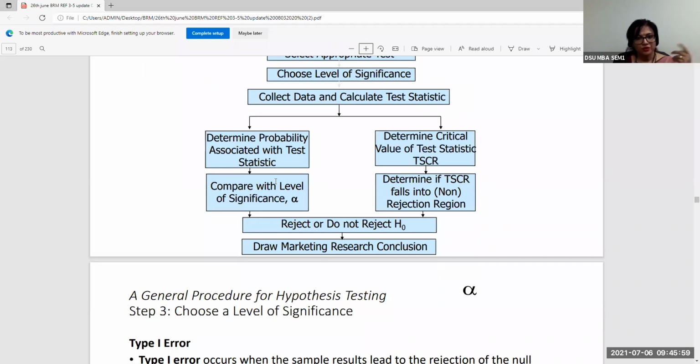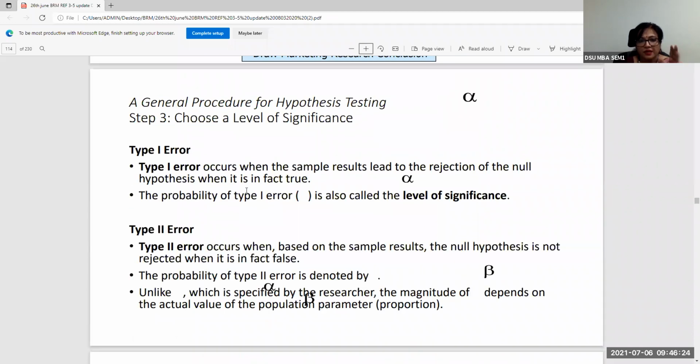I will show it to you also when we deal with the particular cases during the multivariate analysis. So hypothesis testing will be done based on the p-values, accept the null hypothesis or reject the null hypothesis. If the null hypothesis is rejected, automatically the alternate hypothesis is accepted and a marketing research conclusion or a business research conclusion is done.